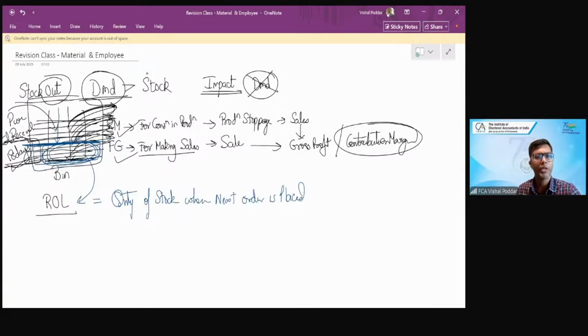Now, how to find out reorder level? How to find out how much quantity I should have in stock when I place the order? For this, the formula is: I will find out how much would be my consumption during lead time plus some safety stock.